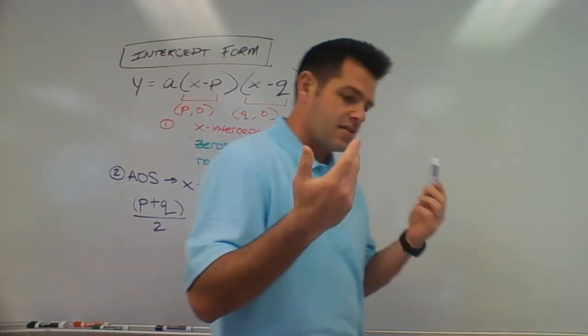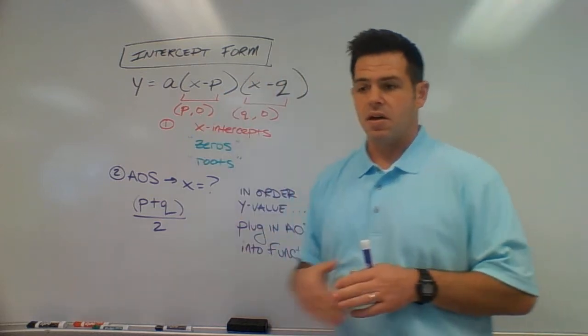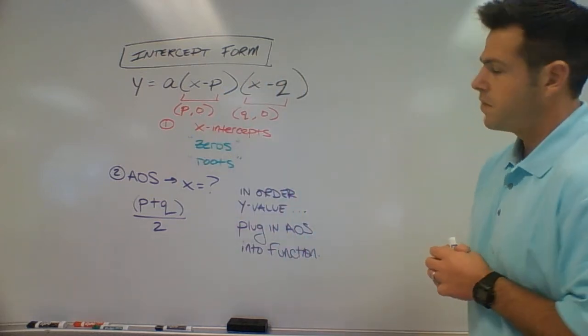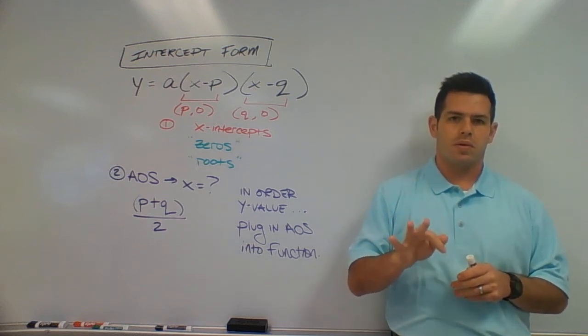So if our axis of symmetry is x is equal to 3, we take the number 3, plug it in here for x, and figure out what the y value would be. That would be our third point.